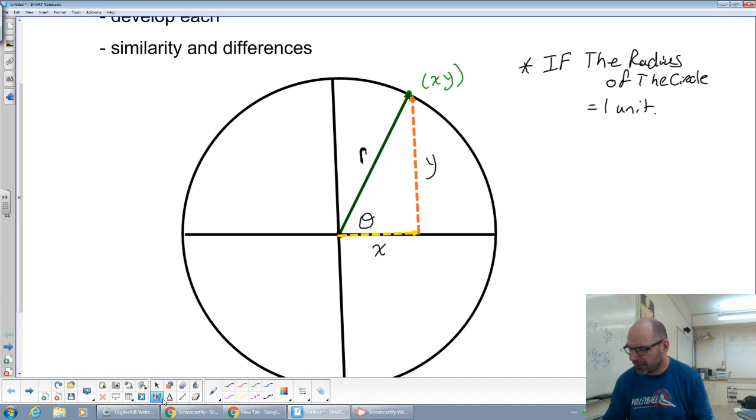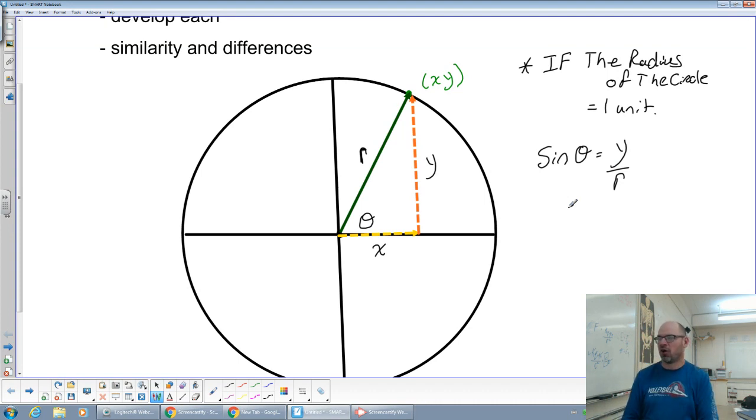So sine theta is going to be equal to y over r. And if r is 1, it's just y. But r isn't always 1, but in our case, we're going to assume that it is. But it could be something else other than 1.